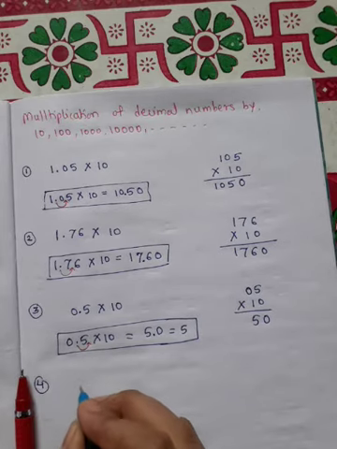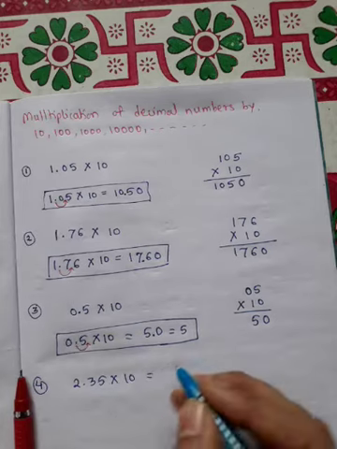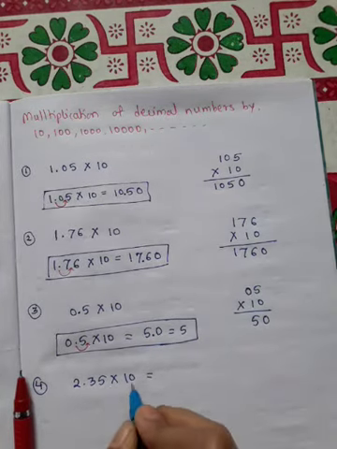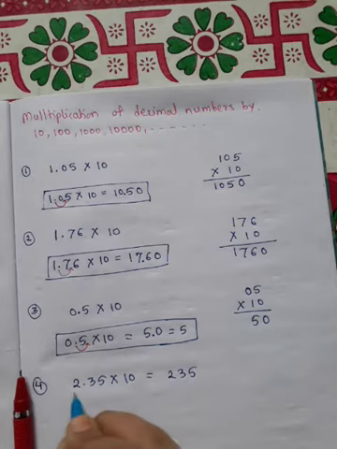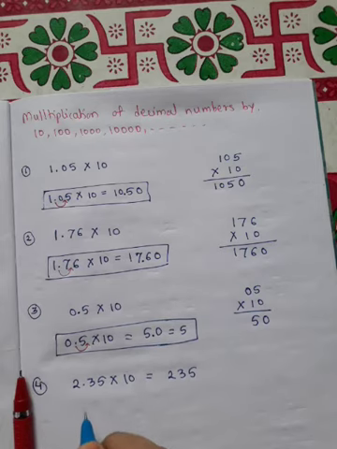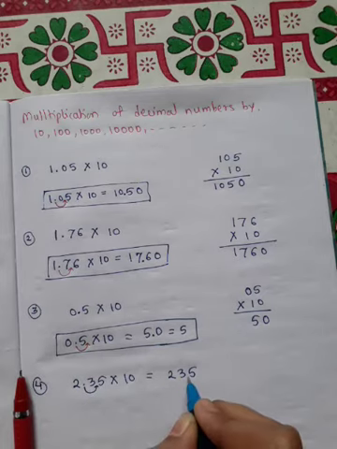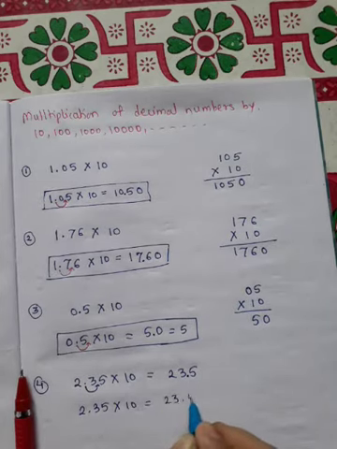See, 2.35 into 10. By the previous explanation, when we multiply any number by 10, the digits will be the same as in the decimal number. Just the decimal point is shifted to the right by 1 unit. So we have to take the point after 3. So 2.35 into 10 is 23.5.